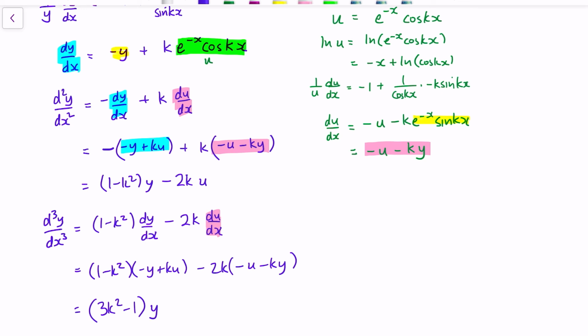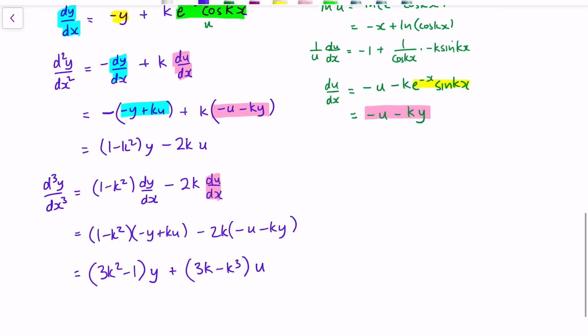And then we've got some u's. We've got 1 minus k squared all times ku. And later on we've got minus 2k times negative u. So we've got 2ku plus another ku, so 3k minus k cubed all times u.